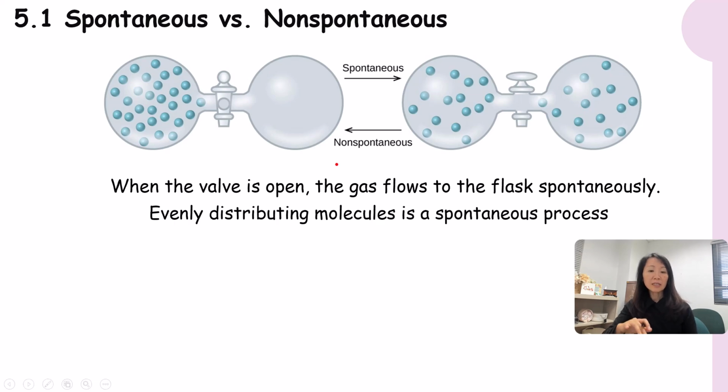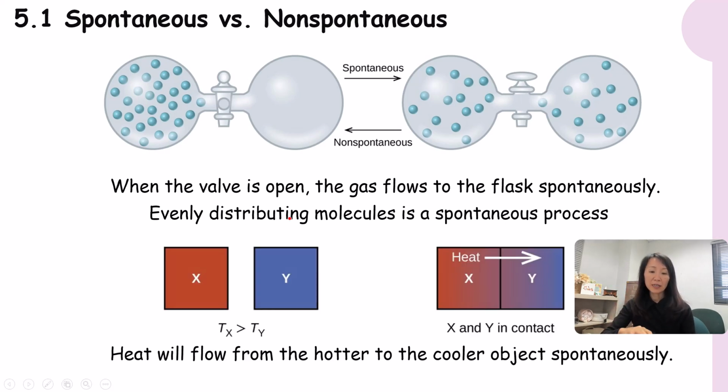In other words, we can say that evenly distributing molecules is considered a spontaneous process for gas. What about for heat? Say this is a hot block and this is a cold block. When they come in contact, heat naturally flows from the hot to the cold. You don't see the cold becoming colder.